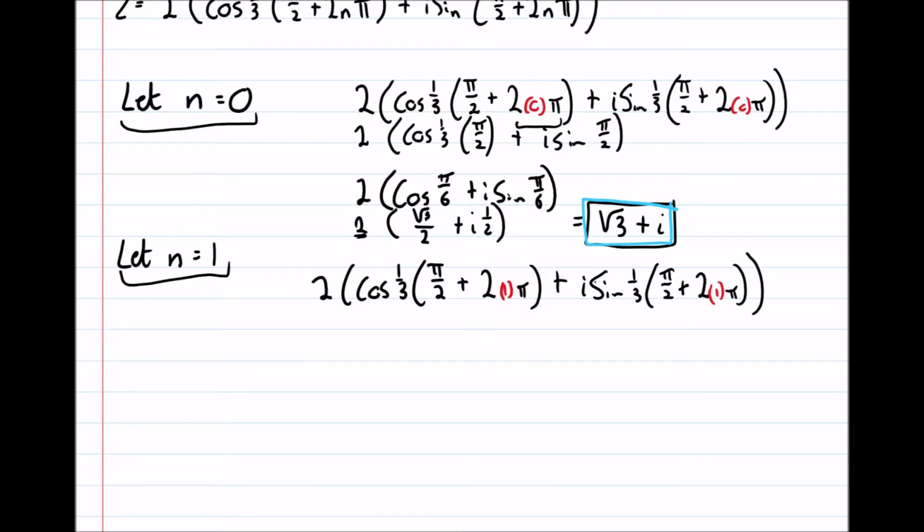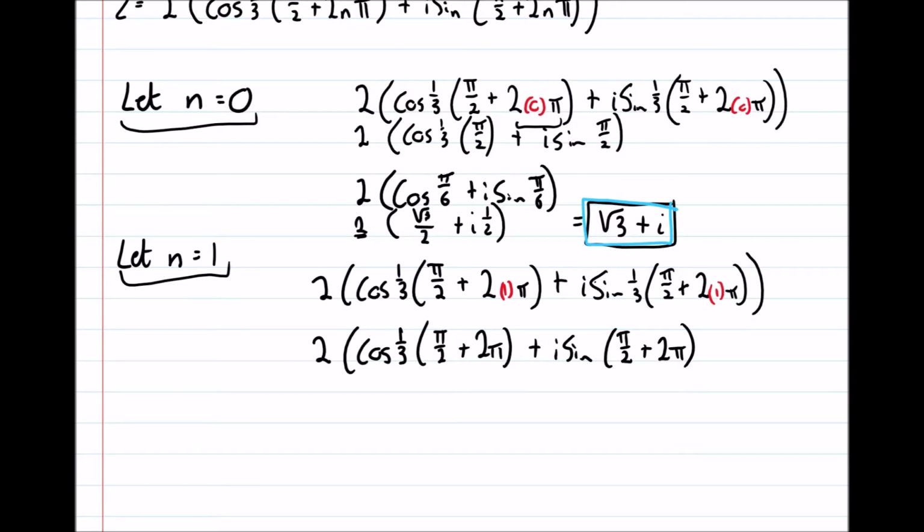Working that out, we have 2 cos 1/3, and then it's pi over 2 plus 2 1s are 2, and 2 by pi is 2 pi, plus I sine, and it'll be the same over here, pi over 2 plus 2 pi.